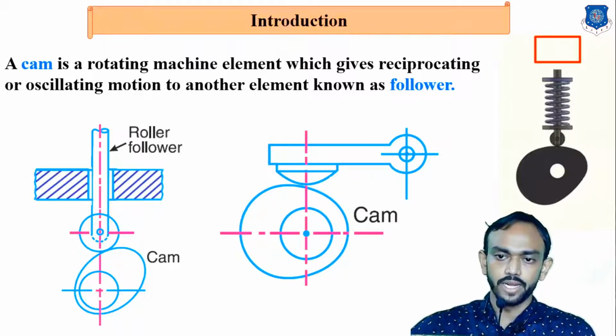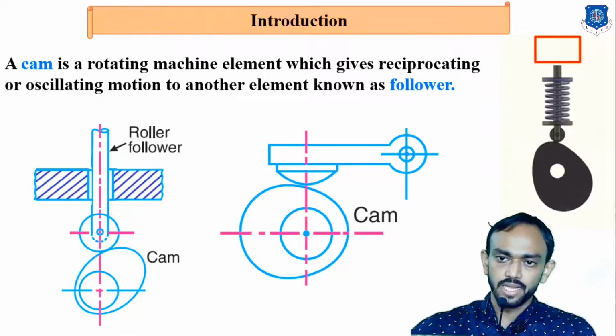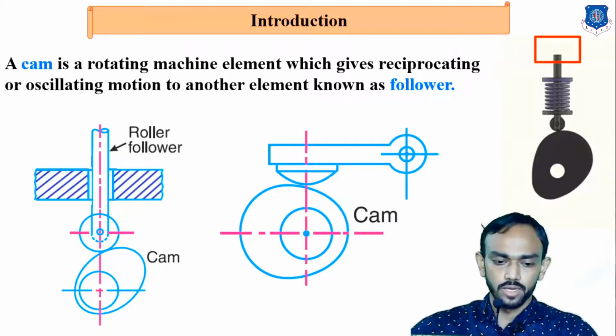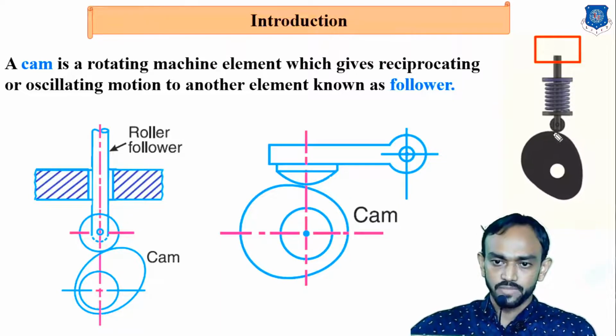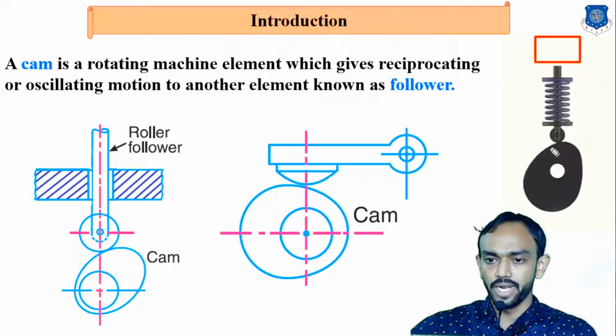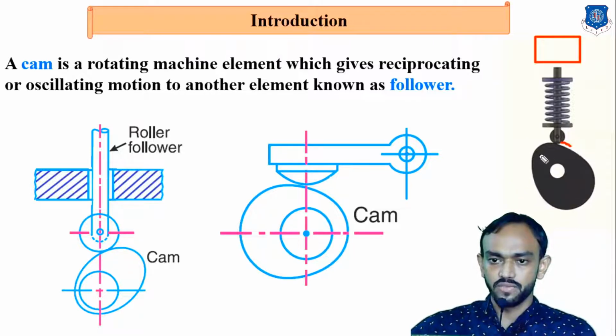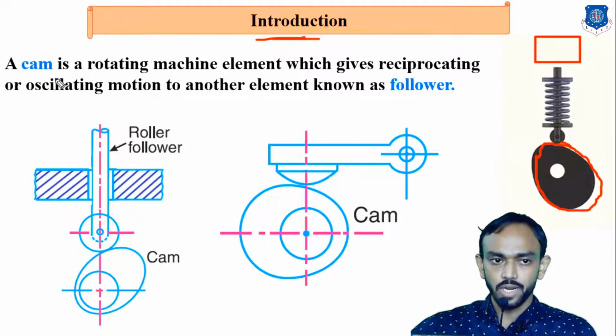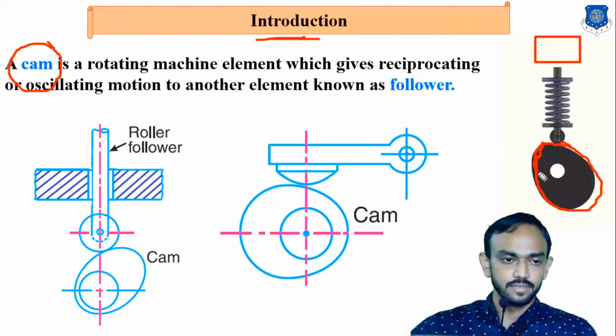The motion of this follower totally depends upon this surface, which is known as the CAM profile. In this chapter we are going to design the CAM, which means the CAM profile design.